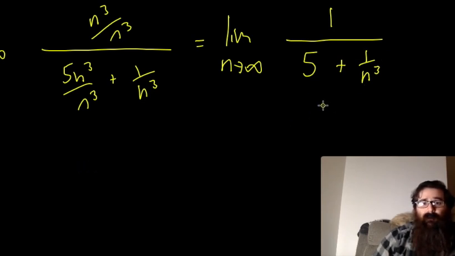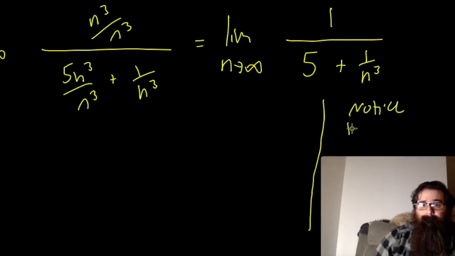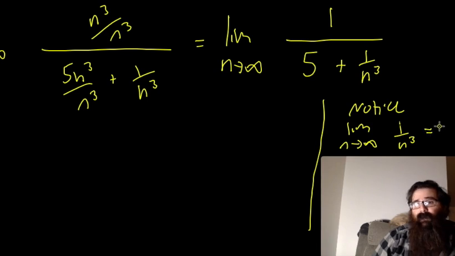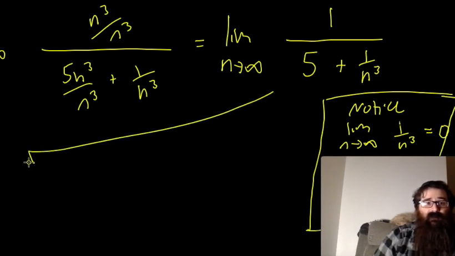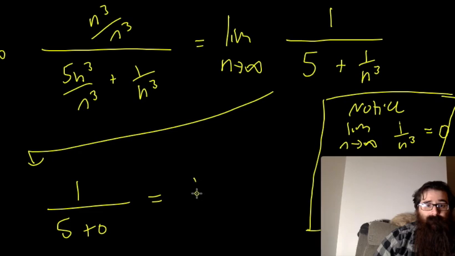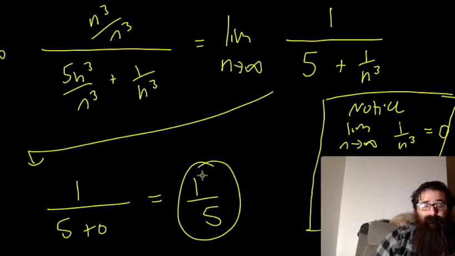So we'd go to the margin here and say, notice the limit as n goes to infinity of 1 over n cubed. This is something where I have 1 on top and the denominator is going to infinity. We talked about that a bit ago, that this is going to head to 0. So then I can use that to tell me what the limit is. Now as n goes to infinity, I'm going to get 1 over 5 plus 0, which gives me 1/5.